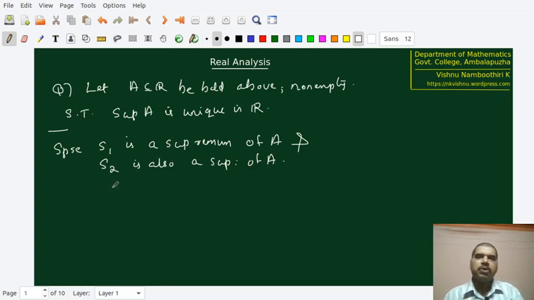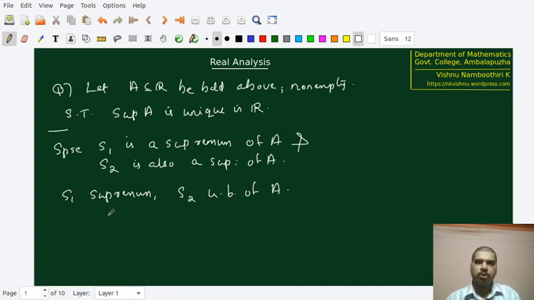Now we are going to interchangeably use the properties of S1 as supremum and S2 as upper bound. Because supremum we know that it's an upper bound also, but we know that supremum is going to be less than or equal to any other upper bound. Therefore, S1 is less than or equal to S2.